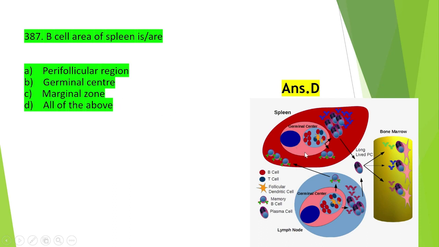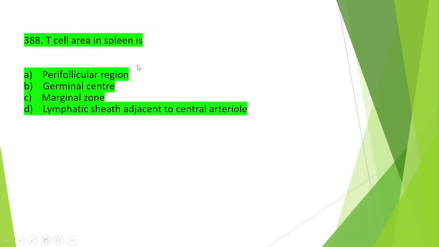So here you can see the B cell is present in all of the above in the spleen. Okay, so move on to the next question: T cell area in spleen is perifollicular region, germinal center, marginal zone or lymphatic sheath adjacent to central arteriole, and the right answer is option D, that is lymphatic sheath adjacent to central arteriole.